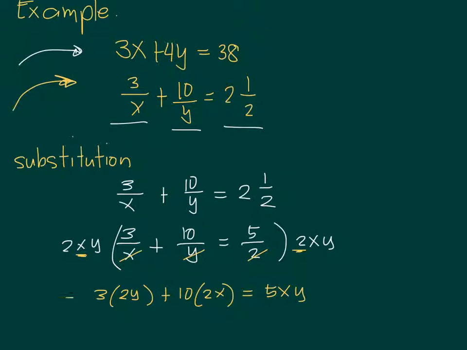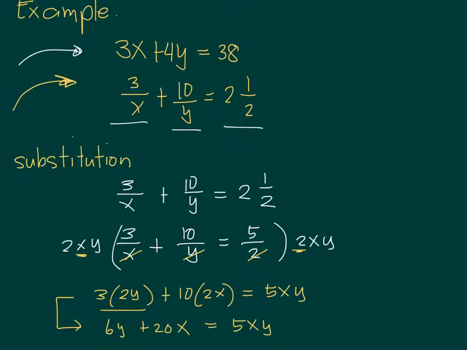So to further simplify this, just multiply the numbers, and if you have some terms to be combined, then you need to combine them. So 3 times 2y is basically 6y, and 10 times 2x is 20x. We can't do anything about 5xy, so we just copy 5xy.